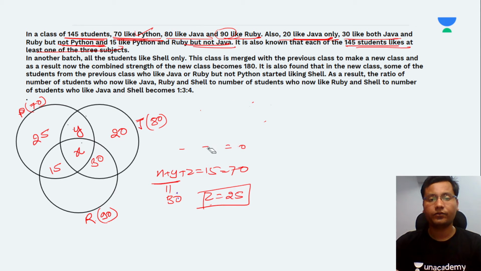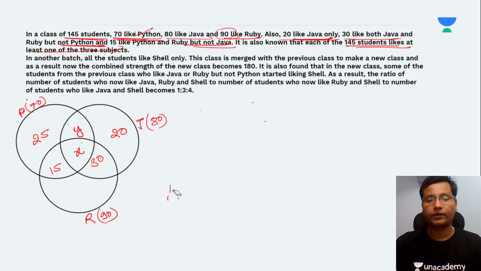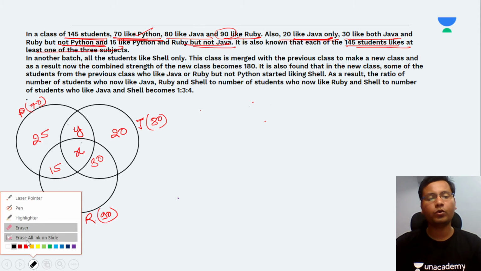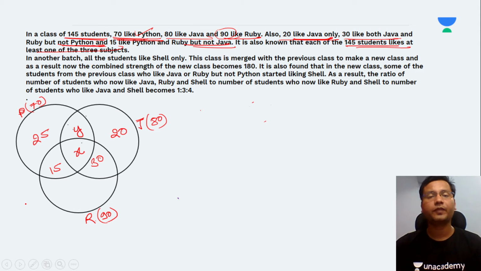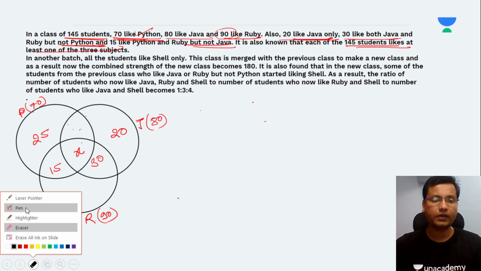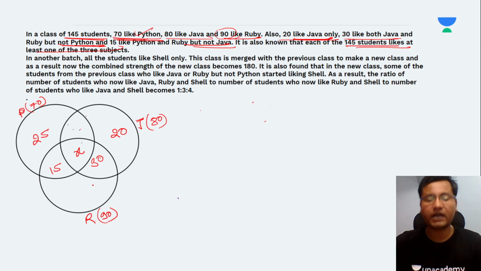Sets are easy, but a little technical, a little tricky, so you will have to read everything carefully and understand. Now, if this total is 80, I'll replace the y with something else. The sum of this Java circle is 80.